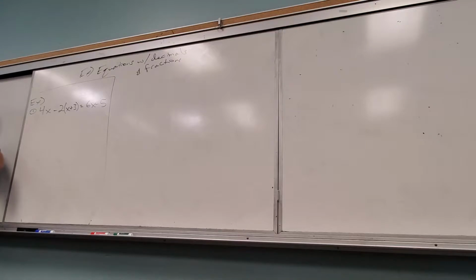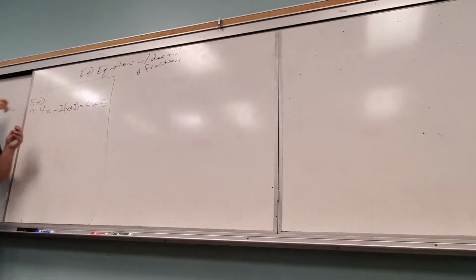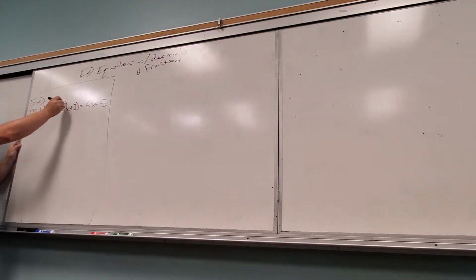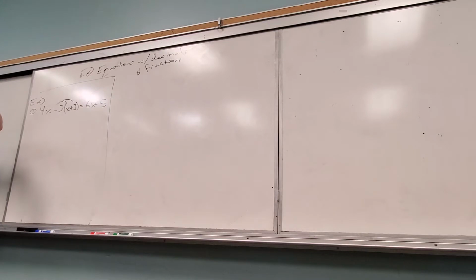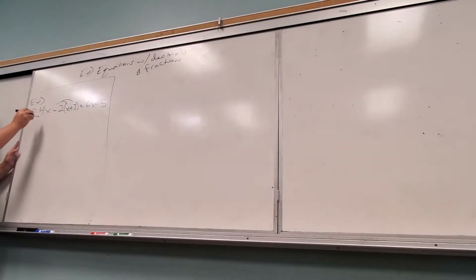I call it breaking them out of prison. Poor little x plus 3 is stuck inside here. So I want to distribute because that frees up those terms. Then I can put them together with their like terms. So then I get, this 4x is just hanging out here, minus 2x.